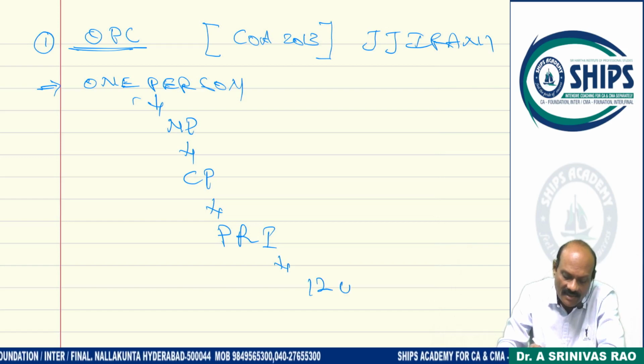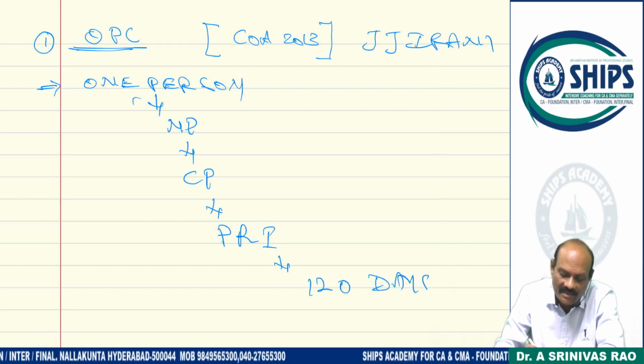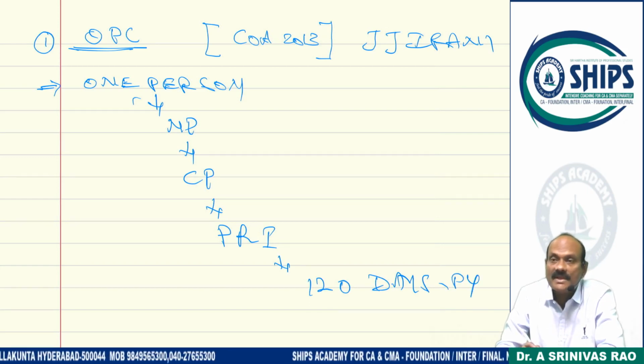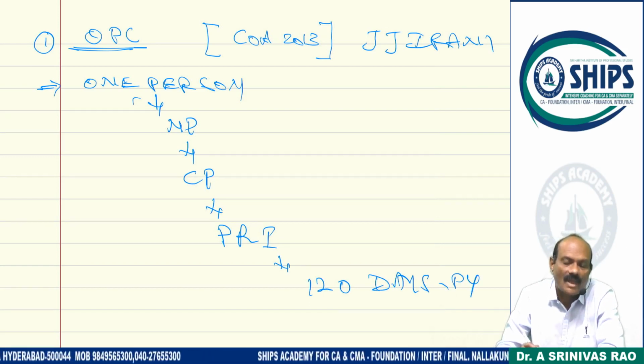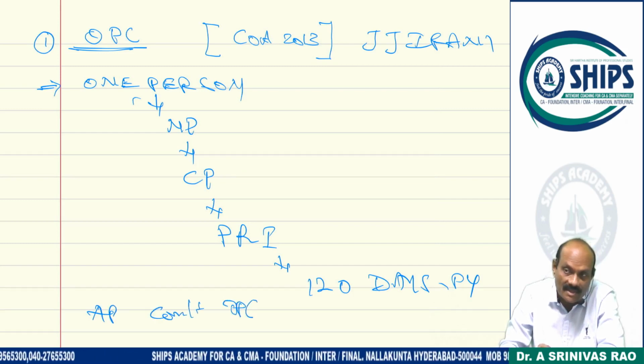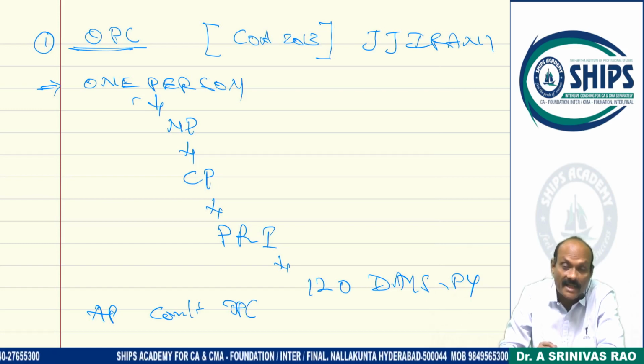Person resident in India means any person who stayed in India for 120 days in the previous year. Which means an artificial person cannot start an OPC. An alien cannot start an OPC.